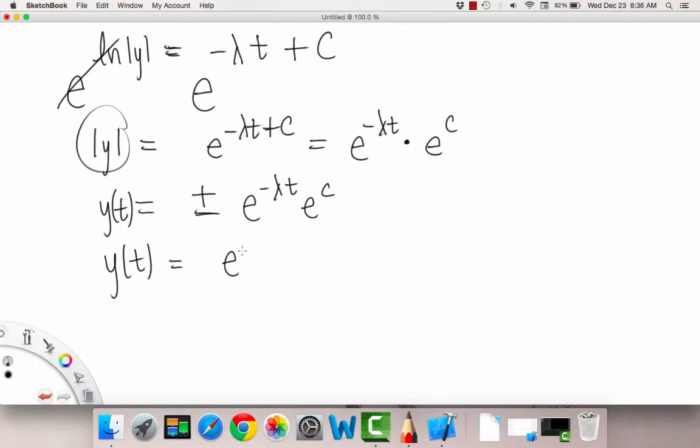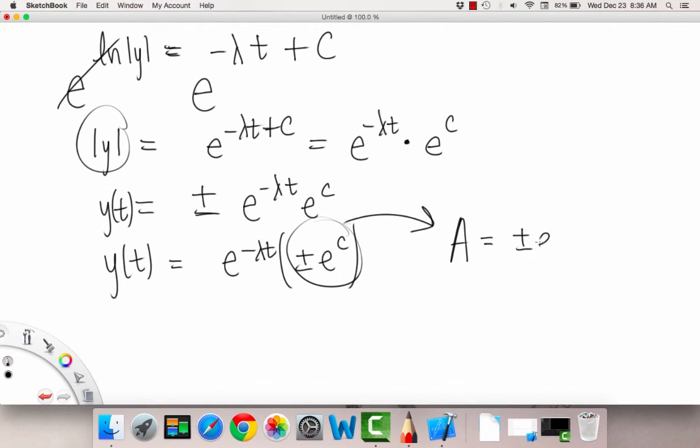Now I'm going to rewrite this in a slightly different form. We have this plus or minus e to the c, and because this doesn't look very aesthetic, we can create a new constant, usually a capital A. So we say A is equal to plus or minus e to the c.